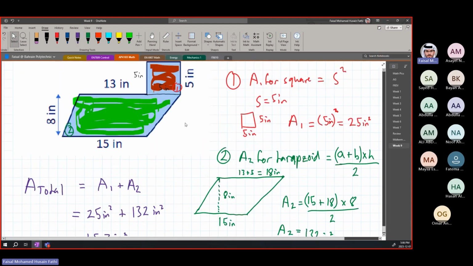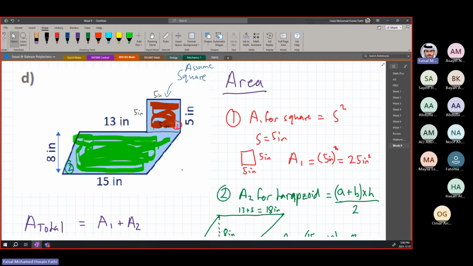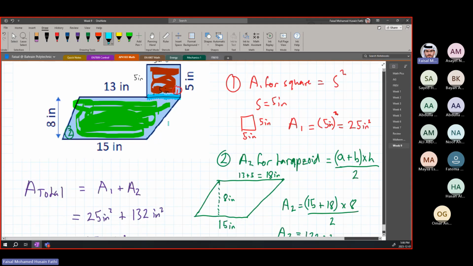Again, I will repeat why this is 18. If we look at this blue shaded area over here, this is 5 inches, right? So the 13 inches is only until where the square starts, but the full size of the trapezoid is from the beginning to the end of the point. So this shaded part here is 5, and let's say this yellow shaded part over here is 13.